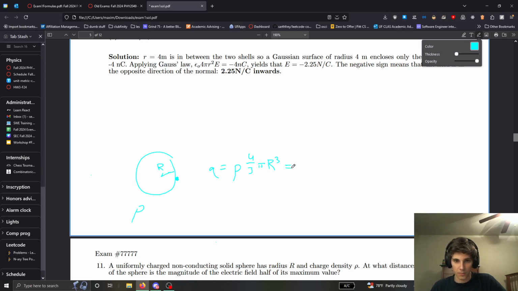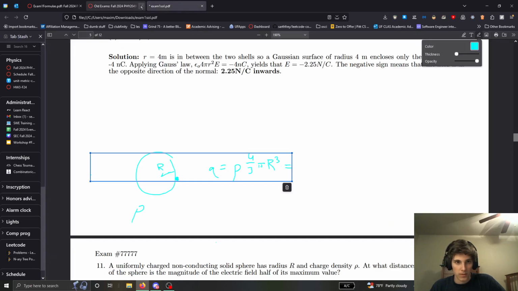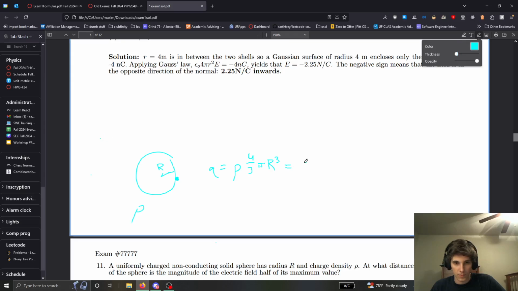And that in turn is equal to epsilon 0 times the electric field times the area of your Gaussian surface, which, if you're nestling up against it, is just going to be 4 pi r squared. And effectively, you'll see the electric field is equal to rho over 3 epsilon 0 times r.